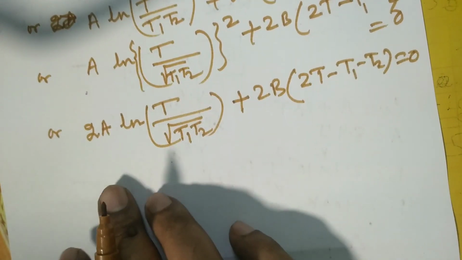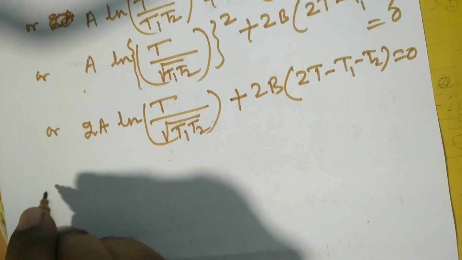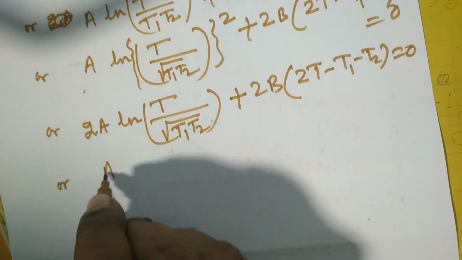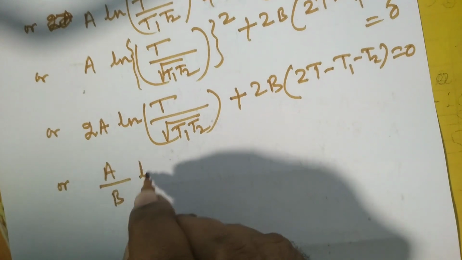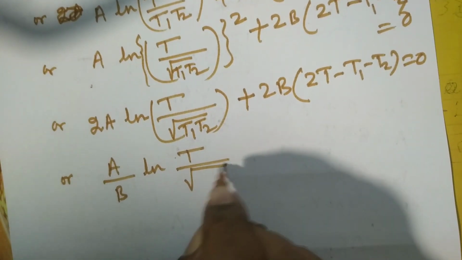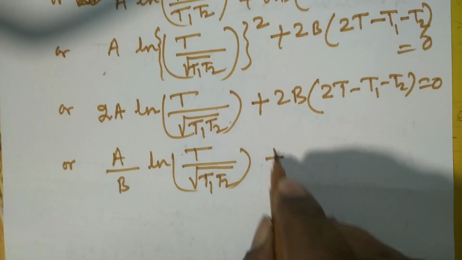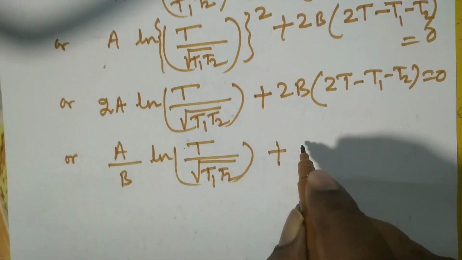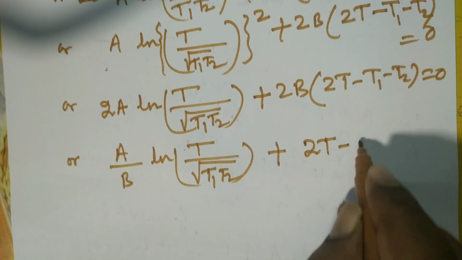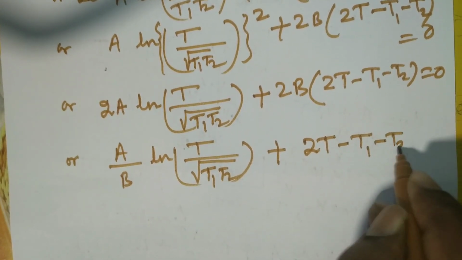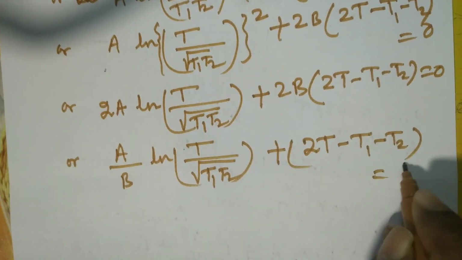On dividing both terms of this equation by 2B, we get A by B ln T divided by square root of T1 T2 plus 2T minus T1 minus T2 equal to 0.